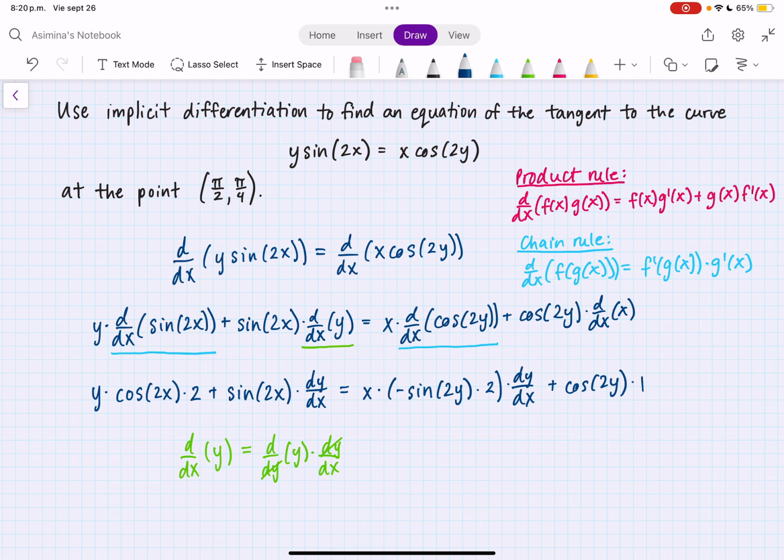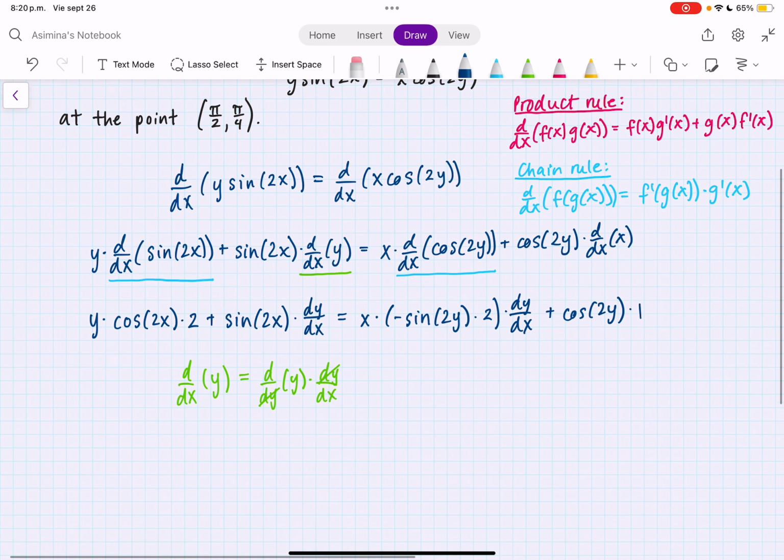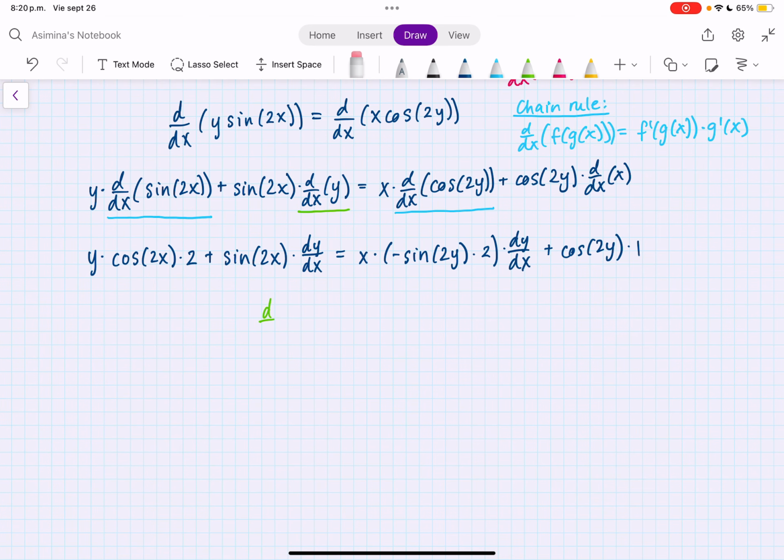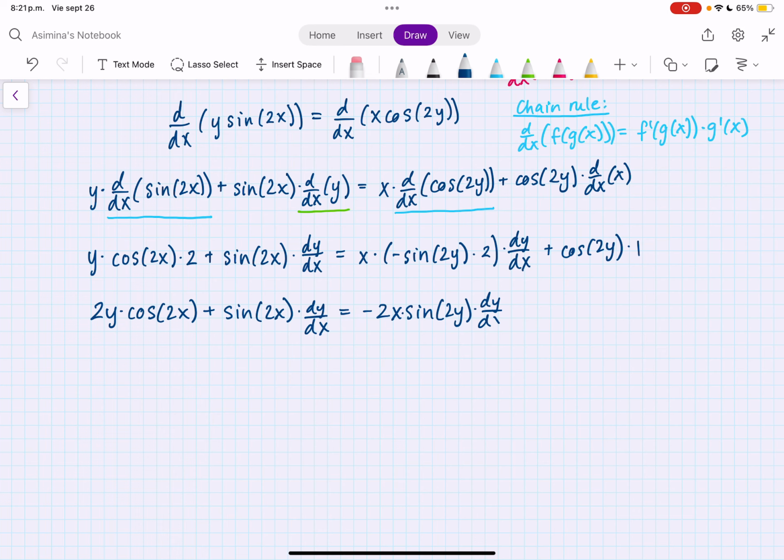Okay, now let's simplify our answer a little bit or clear things up. So rewriting this, we have 2y times cosine of 2x plus sine of 2x times dy dx equals negative 2x sine of 2y times dy dx plus cosine of 2y.